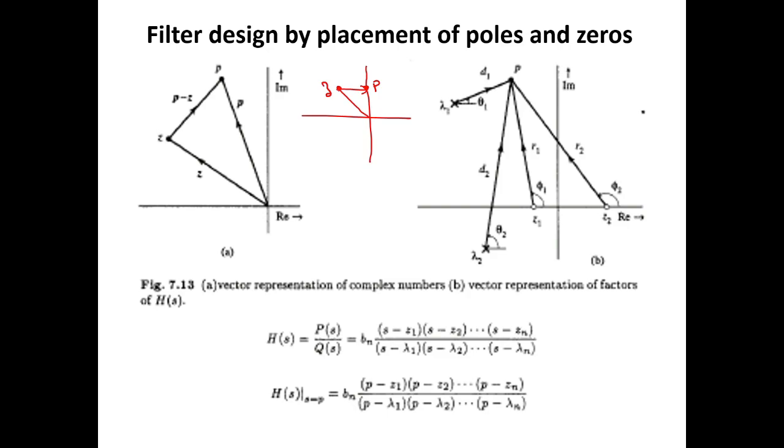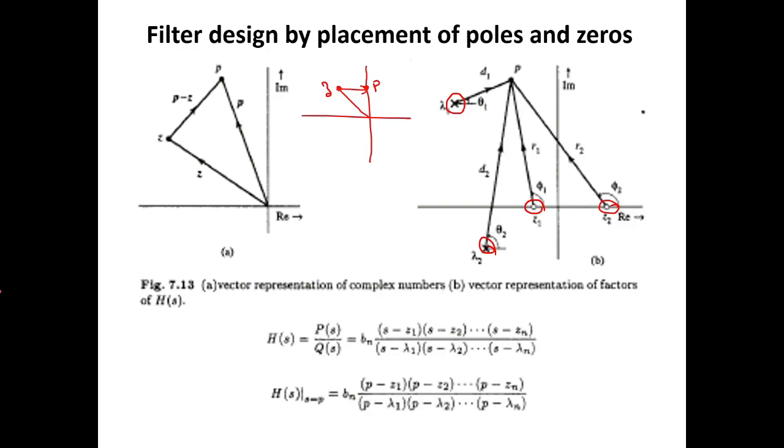Okay. Now, what are poles and zeros? I will discuss that a bit later. The poles are usually represented by this X symbol, the cross symbol, whereas the zeros are represented by open circles. Okay, poles are represented by cross symbols, zeros are represented by open circle symbols.